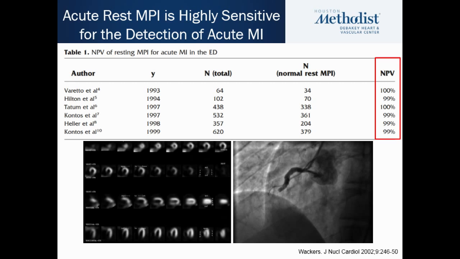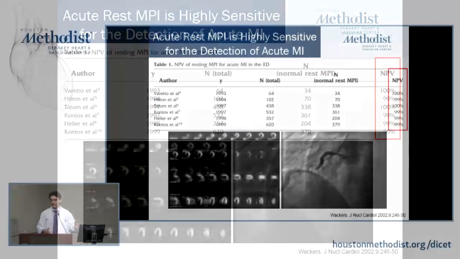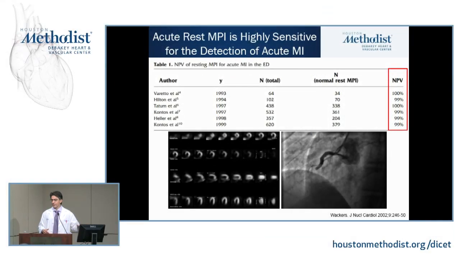Basically, if patients present to you in the emergency room with active chest pain, they have to have chest pain of very close onset to when they get their radiotracer. You can inject them with rest perfusion imaging, get them to the lab and image them and look for a perfusion defect. Because the idea is, remember the ischemic cascade, that if they have a perfusion abnormality at rest with chest pain, they could very well have ischemia.